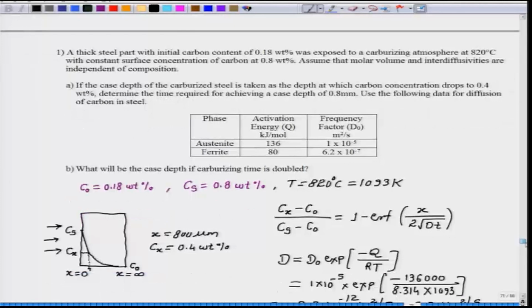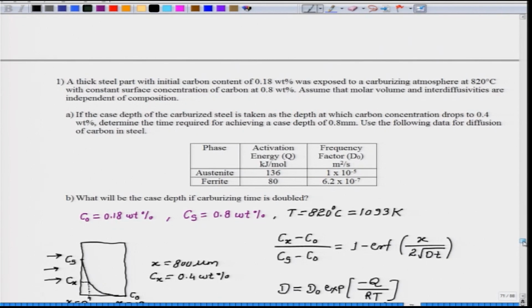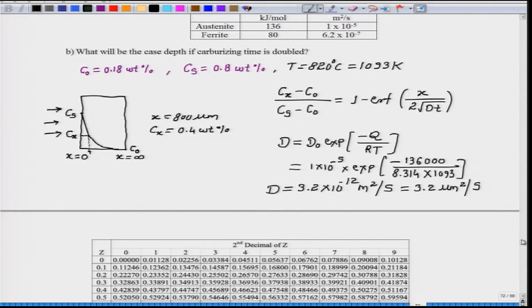Now, the second part of the problem: what will be the case depth if carburizing time is doubled? Now, this is simple. Once we know one carburizing time for one case depth, we can straight away use the Boltzmann parameter, right. As you see in this equation here, C is a function of x over root t.